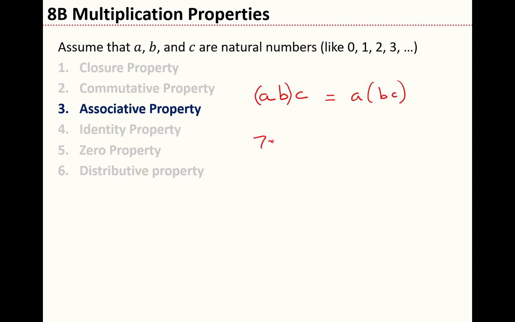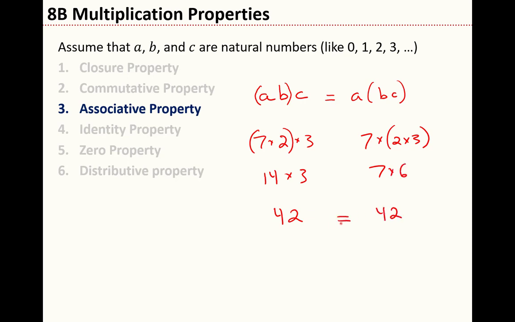So 7 times 2 times 3, if I group the first two together, I get 14 times 3, and 14 times 3 is 42. Or if I group the last two, I get 7 times 6, and 7 times 6 is 42. It doesn't matter how I group them.